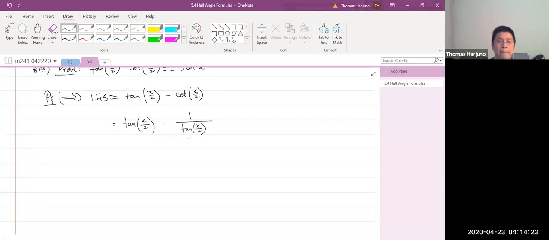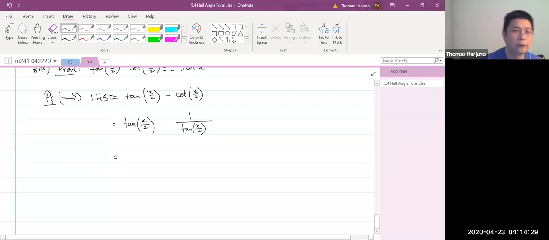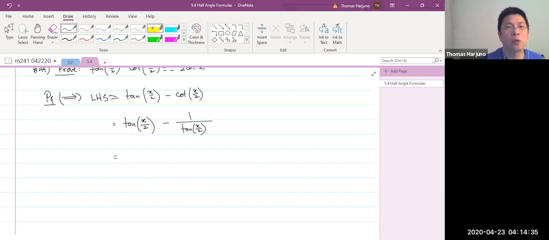Then later, when you use your formula, we try to use the formula that is more effective. Use the formula that has only one term on the denominator. Which one?